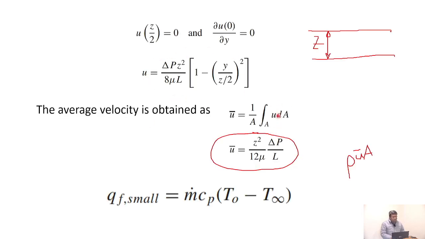You place the expression for u here, and you can write an appropriate expression for dA, right, by taking some horizontal slice somewhere in terms of a dy, and then integrate in terms of y to get this u bar.